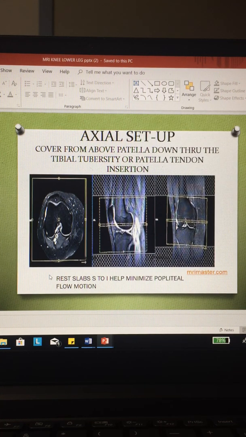But if I put a rest slab above and below, then any kind of flow coming down or any kind of flow coming up, you can maybe obliterate out, and you can get a nice looking picture A to P. It's your call. You tell me how you want to scan it. So if you do right to left, you need fold over, and if you do A to P, you need the rest stops. Yes. So you tell me how you want to scan it. Everybody might scan it a little bit differently.